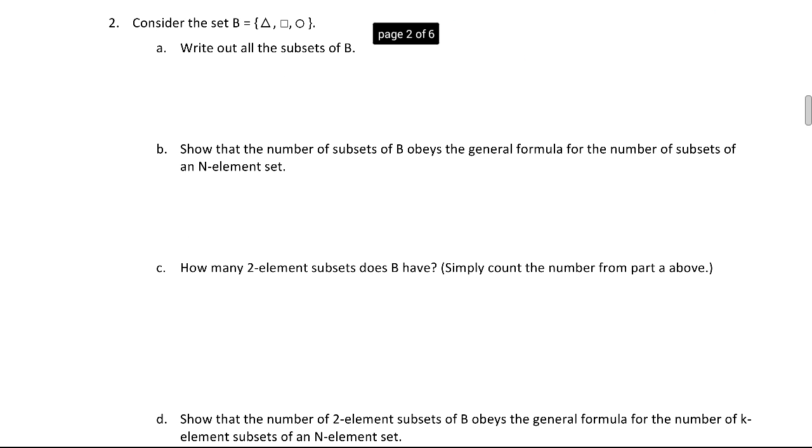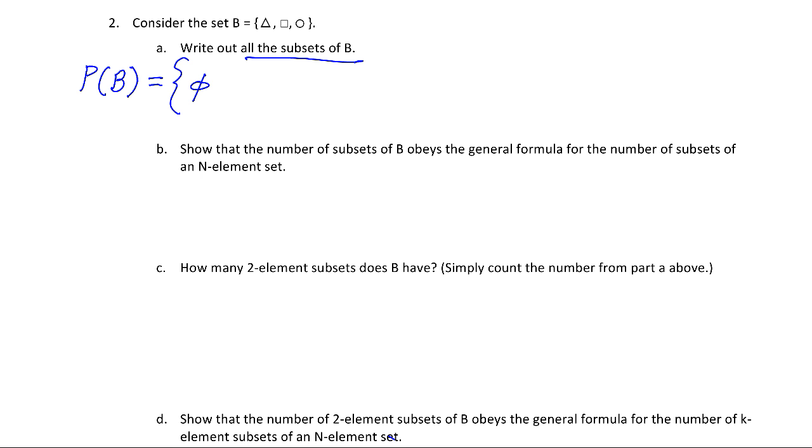We've got a set with 3 elements in it, a triangle, a square, and a circle, and it wants us to write out all the subsets of B. Well, the set of all subsets is called the power set, and this is our notation for the power set. I'm going to write it as a set, and inside that set I'm going to include all the subsets of B. We're going to start with the empty set, which is a subset of every set, and then we're going to move on to the singleton subsets that each contain just one of the elements of the set.